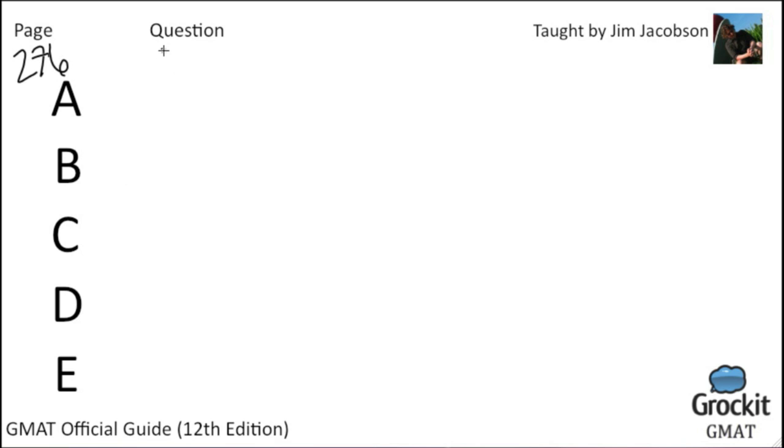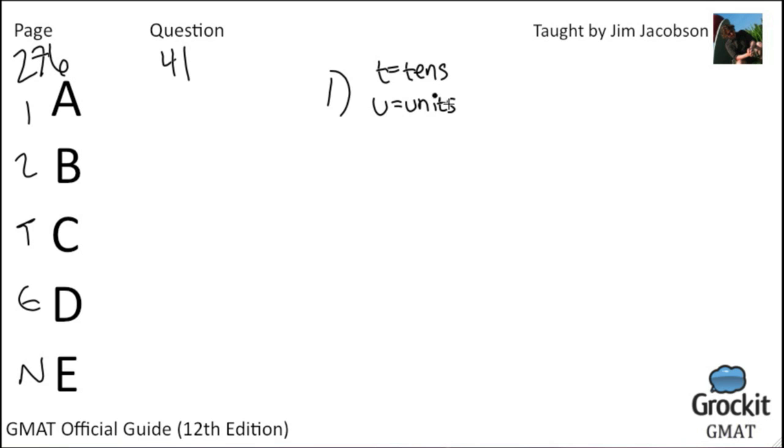Question number 41. What is the value of the 2-digit integer x? Well, we know we have 2 digits, but we don't have anything else about it, so let's just look into the statements here. Statement 1, the sum of the 2 digits is 3. So if we make t the tens digit and u the units digit, we know that t plus u equals 3.